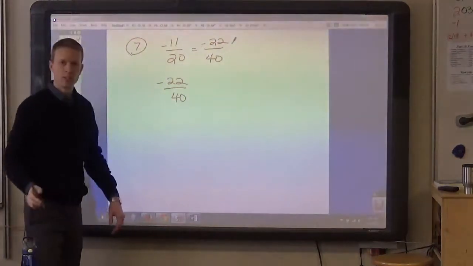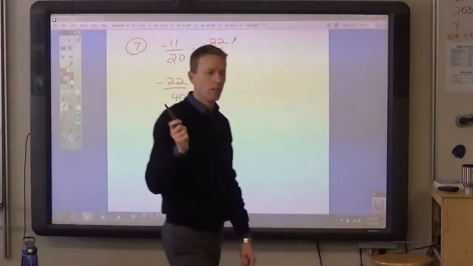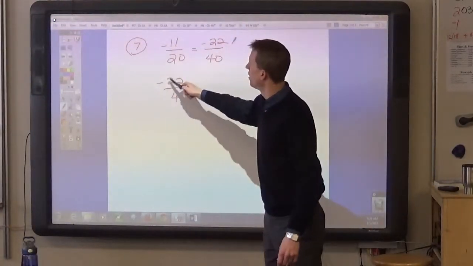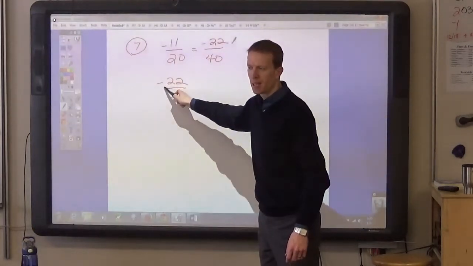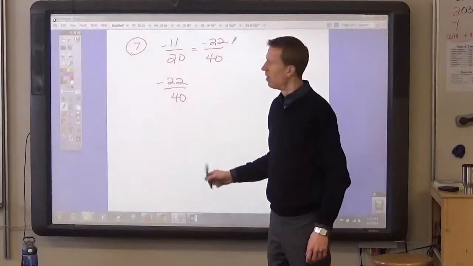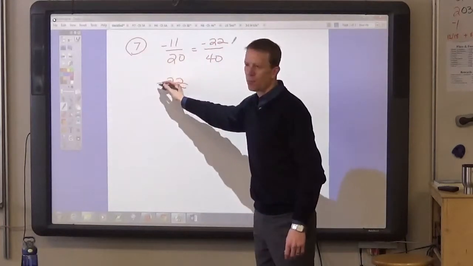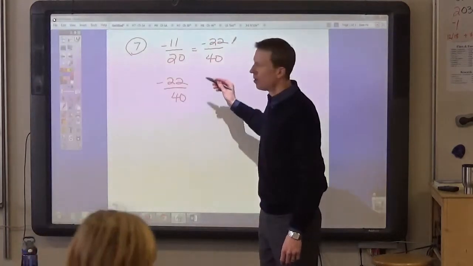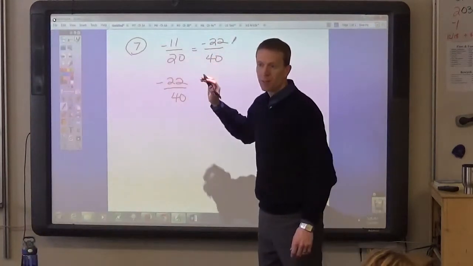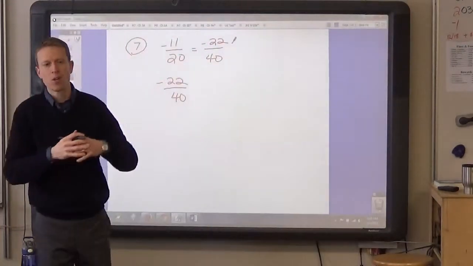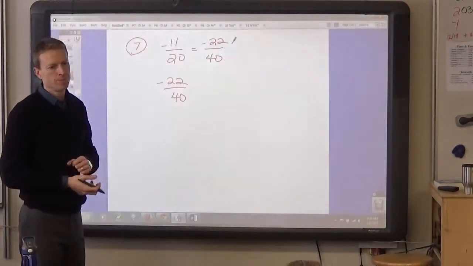-22/40ths. Now, also notice when you're comparing the fractions, notice where I put the negative sign. If you're comparing numbers, it's helpful to put that in the numerator. Now, it doesn't matter exactly where it goes. You can put the negative sign anywhere, and it makes the whole fraction negative.